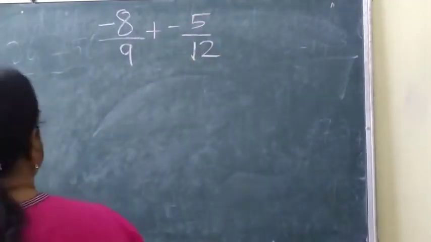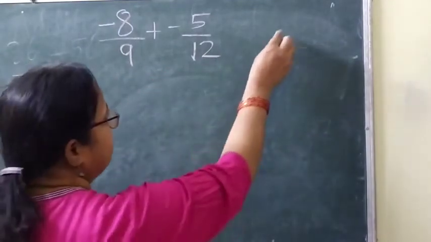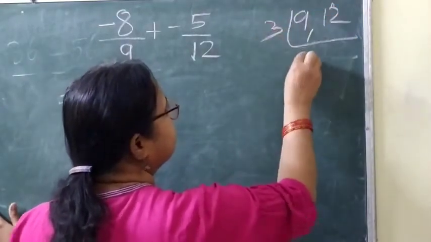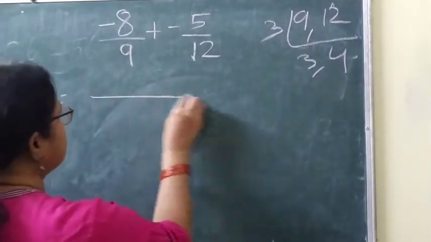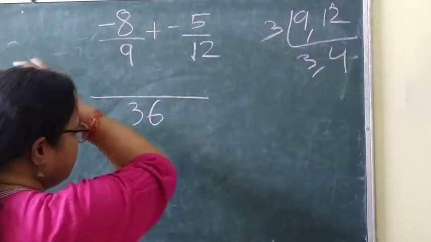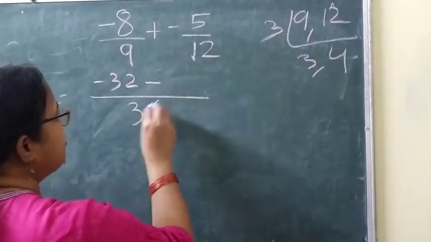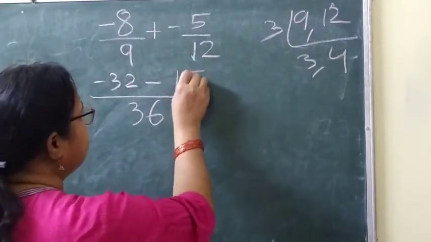When you get this type of question, how will you solve it? Take out the LCM of 9 and 12, which is 36. 9 fours are 36 and 8 fours are minus 32. Again plus and minus. Minus how many times? 3 times. 5 threes are 15.